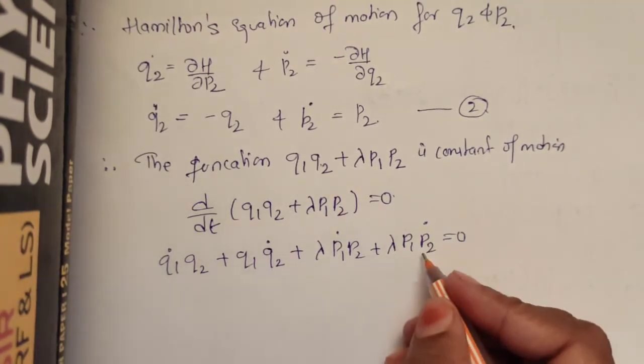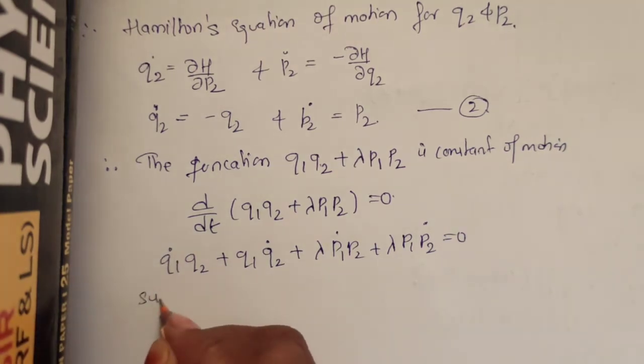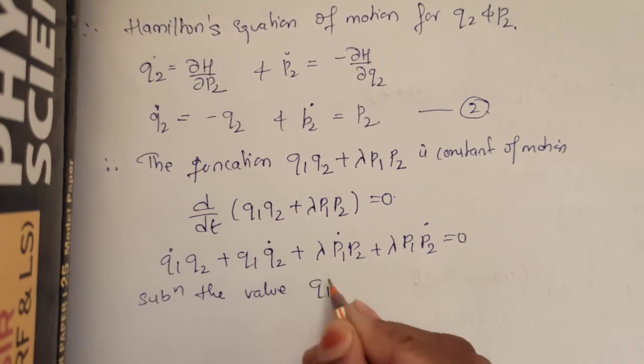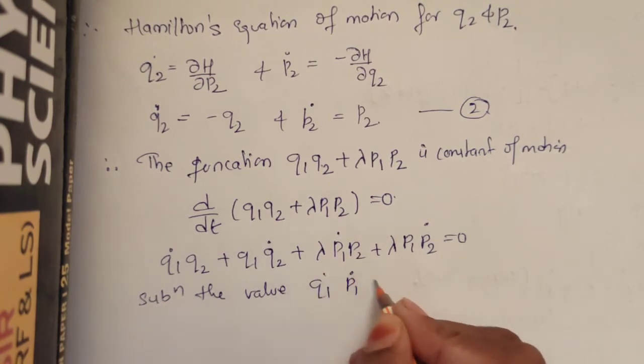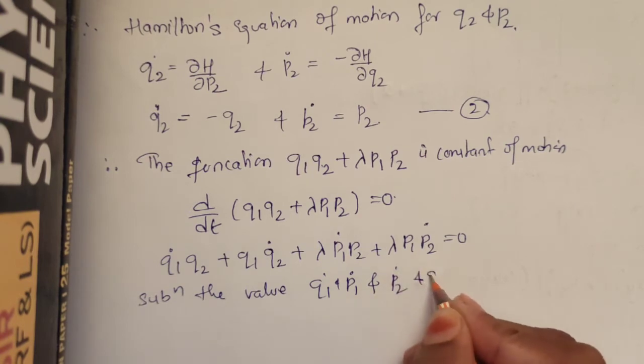Now we got this equation. To this equation substitute the values of Q1 dot, P1 dot, P2 dot and Q2 dot.